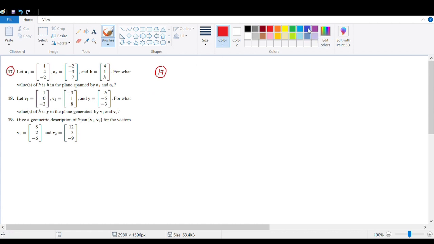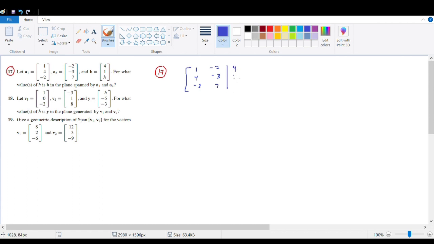So the first step, we need to write the matrix formed by a1, a2, and b. Then we need to do some row operations to find the value of h that makes our system consistent.